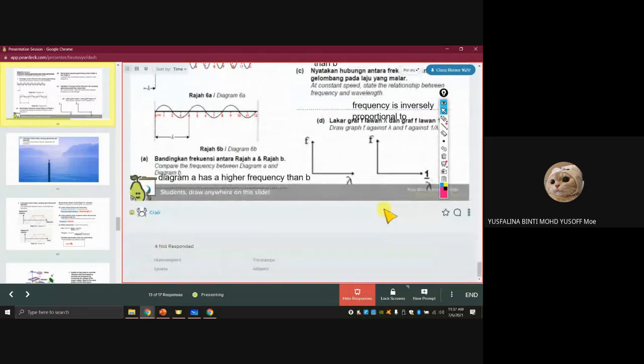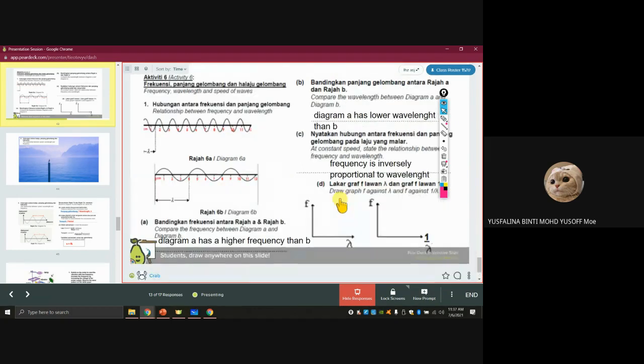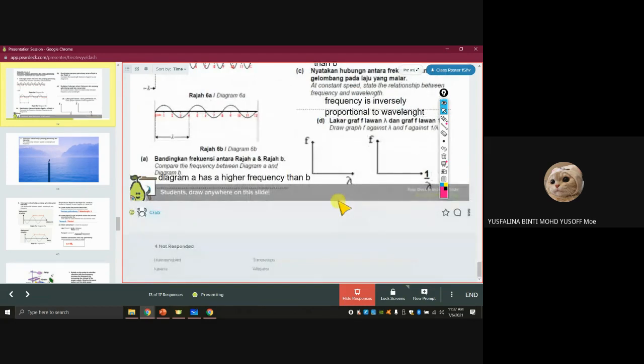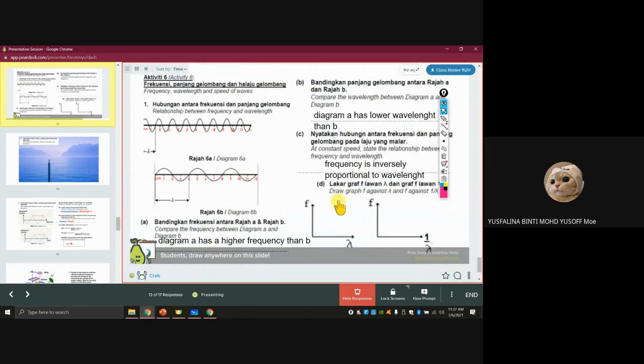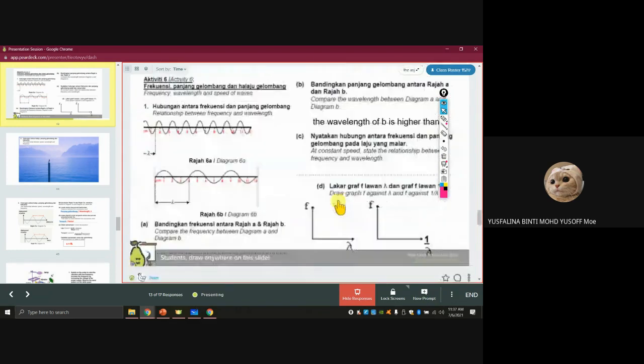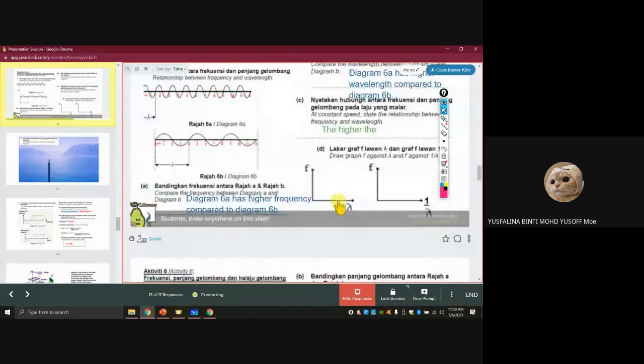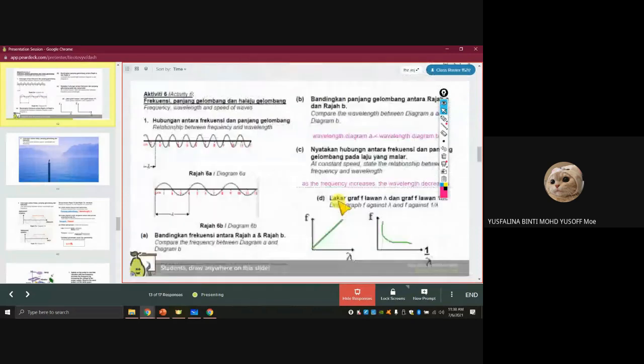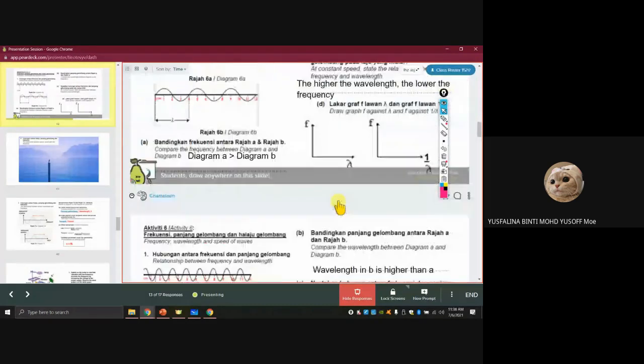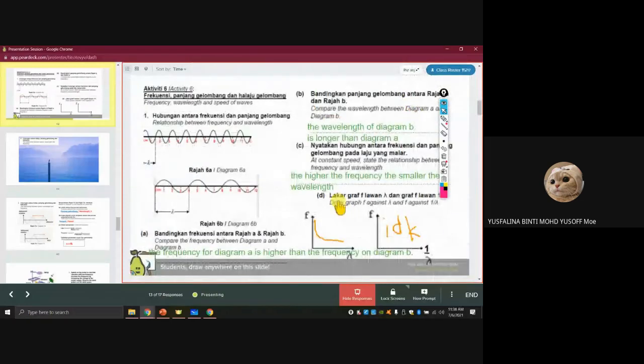The frequency is inversely proportional to wavelength.